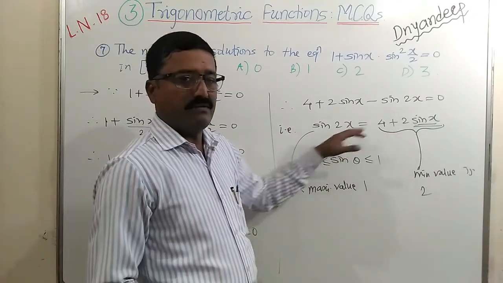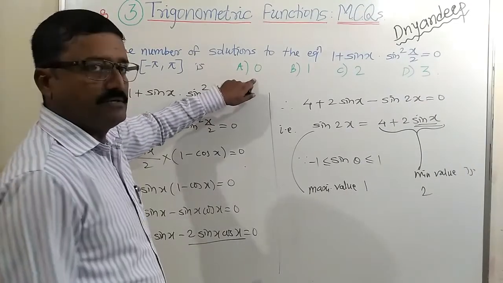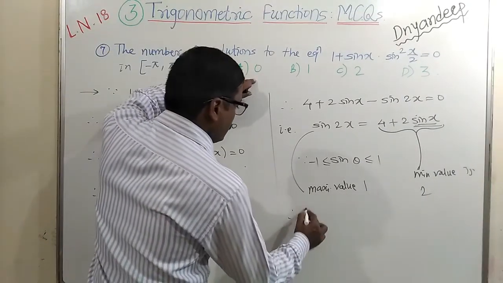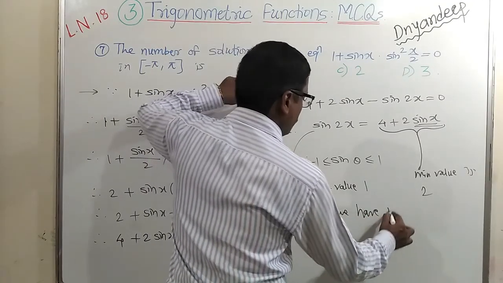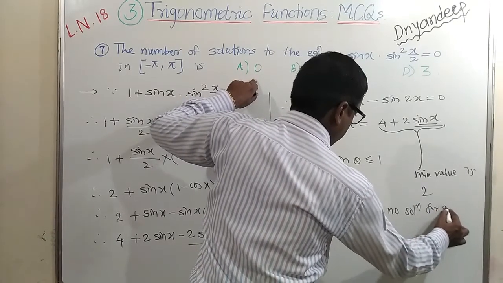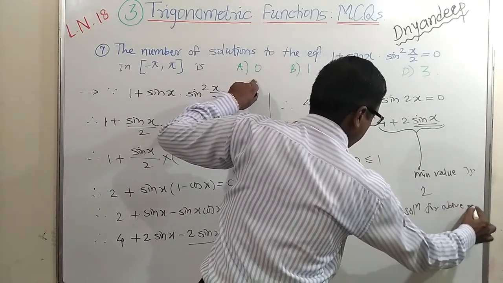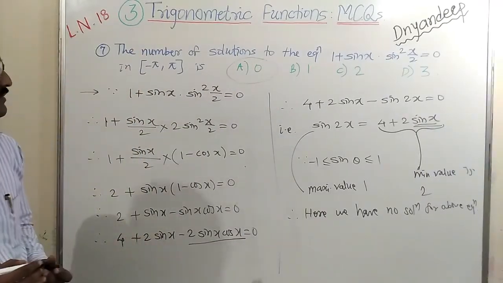So this equality can never be satisfied. So there is no solution. That means the number of solutions will be 0.